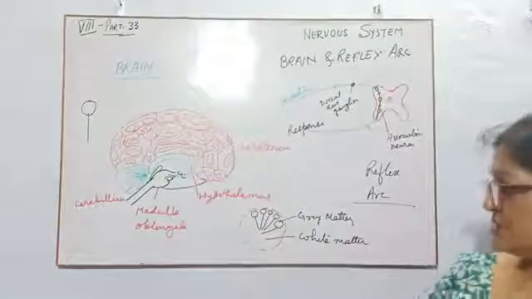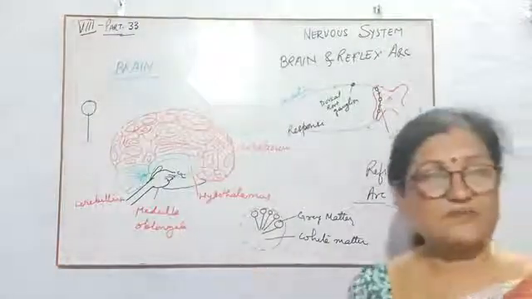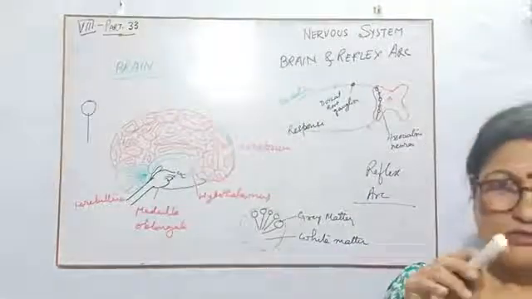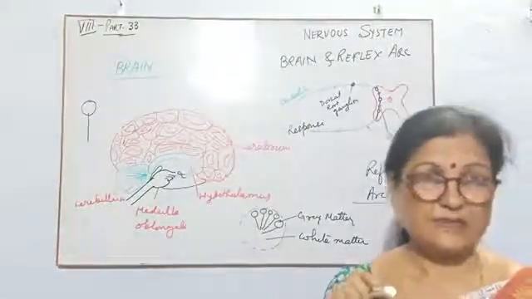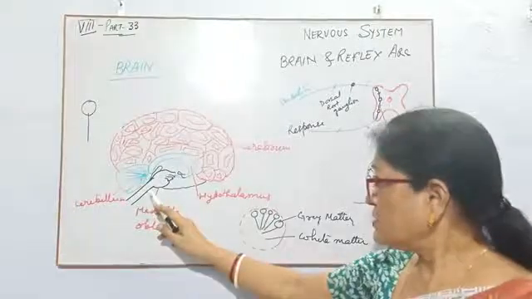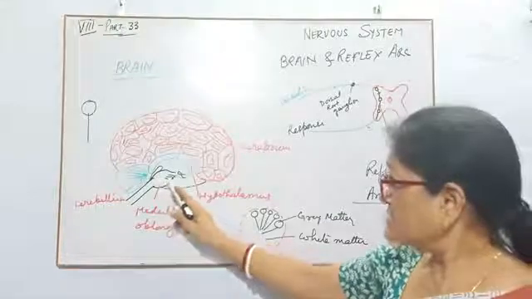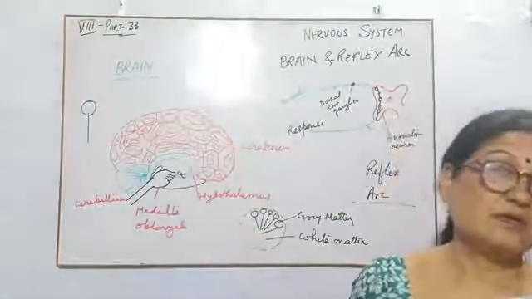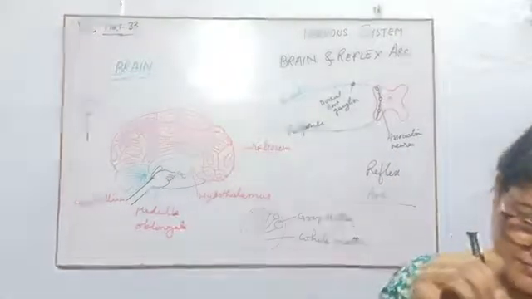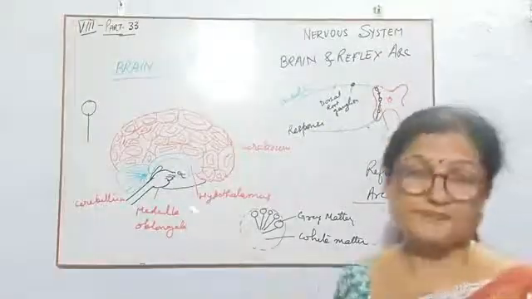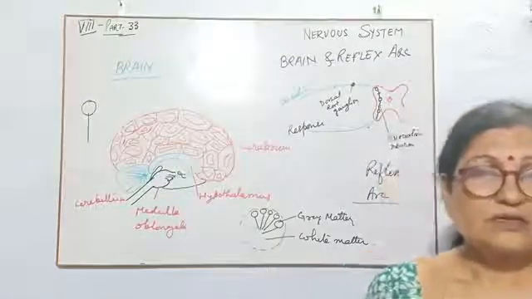Now the third part is known as medulla, medulla oblongata. Medulla is also called the brain stem, meaning a small stem-like structure, but a little bit swollen, covered by the cerebrum. This is the medulla.